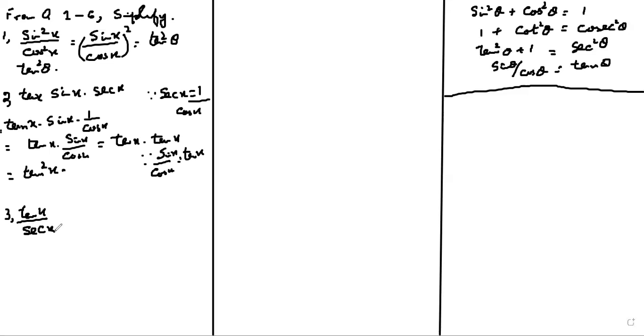Now I'm just writing two formulas: tangent x equals sine x over cosine x, and secant x equals 1 over cosine x.